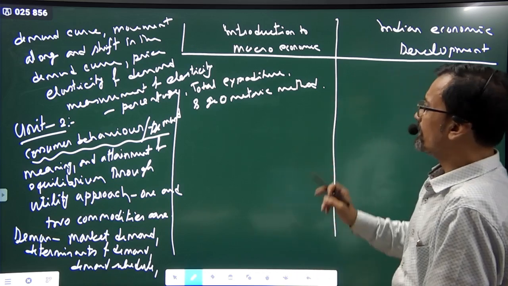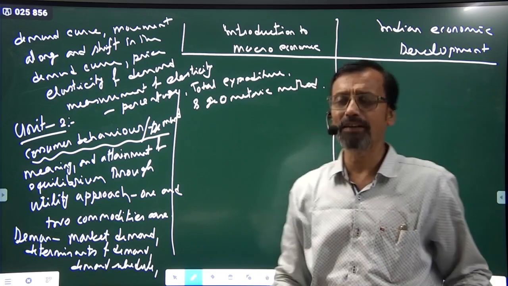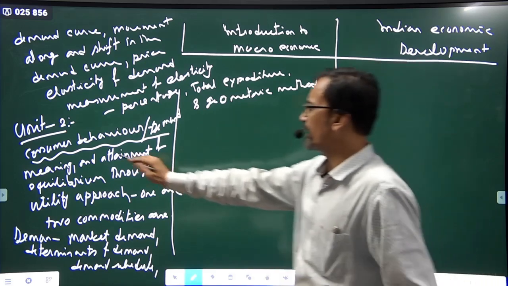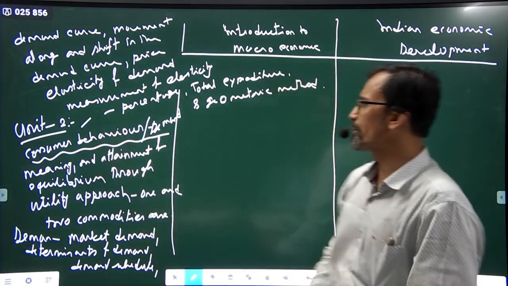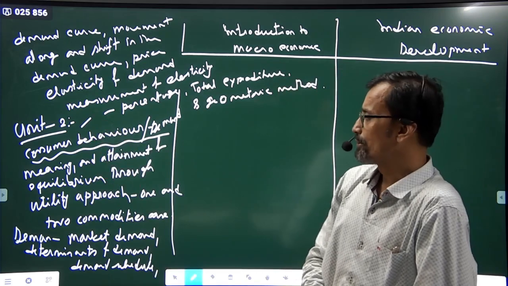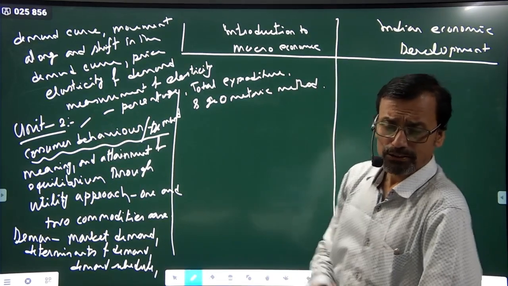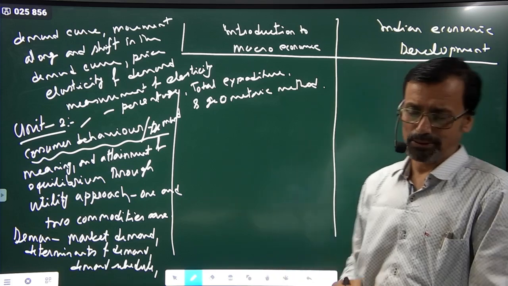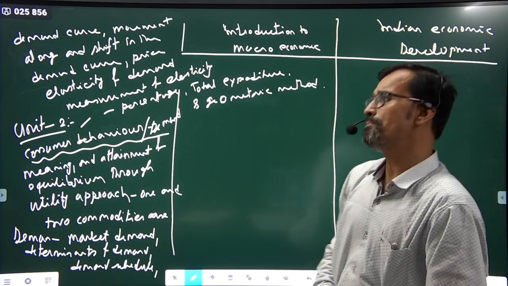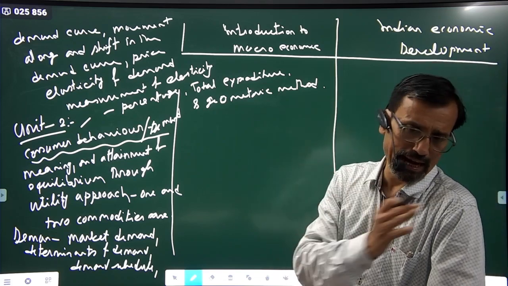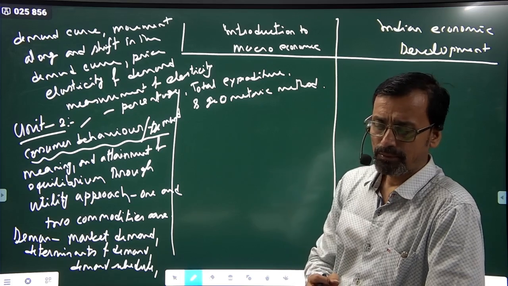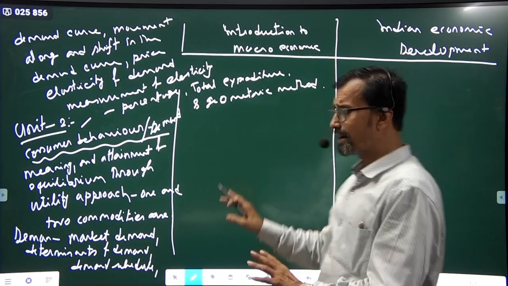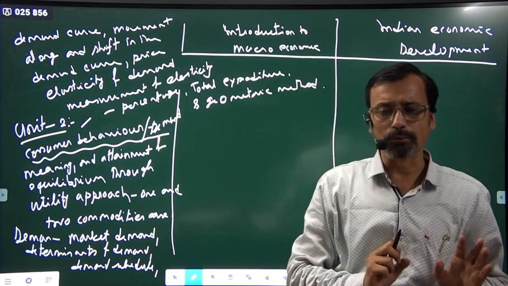Unit 2 deals with consumer behavior and demand. Consumer behavior is consumer equilibrium, where we understand the meaning of consumer equilibrium and how a consumer can attain equilibrium through the utility approach, in case of one commodity and two commodities.